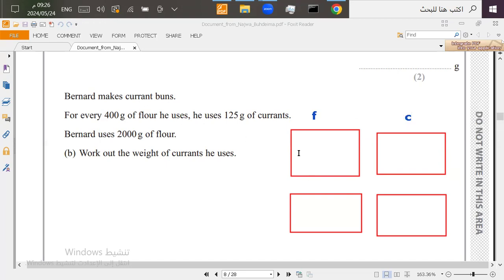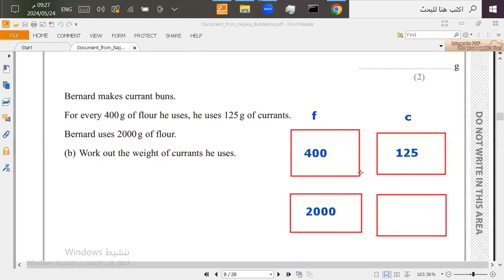So the flour is 400 and the currant is 125. Now he's going to use 2000 grams of flour. That means we put 2000 here. And then we cross multiply.